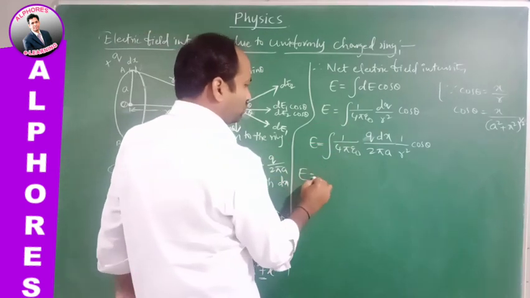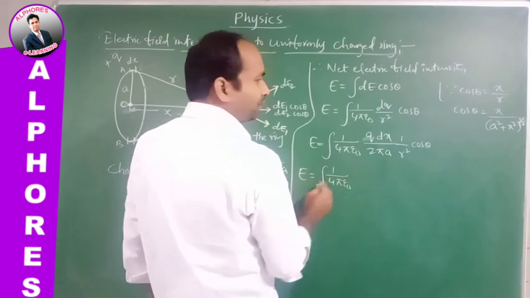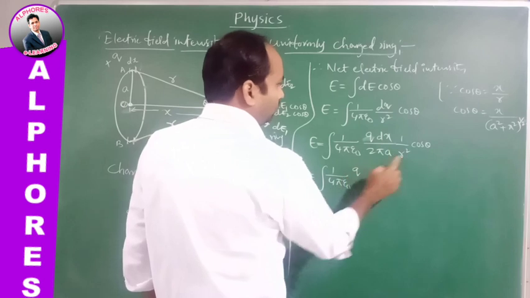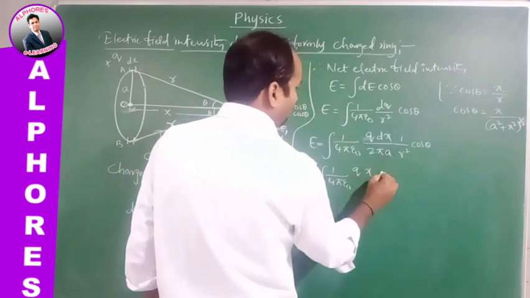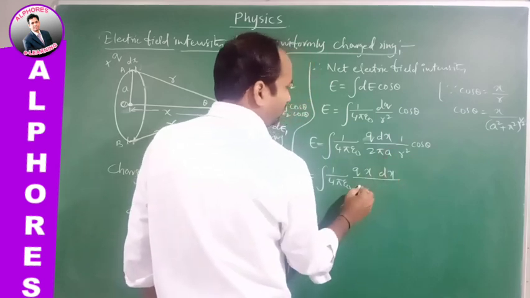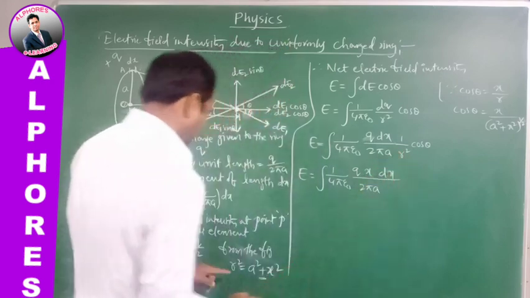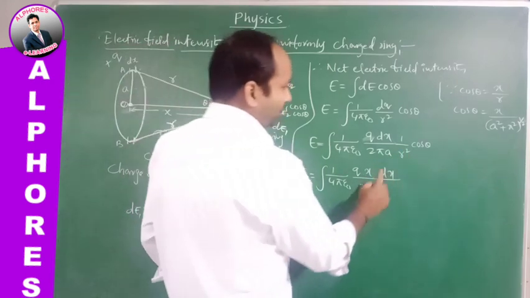So E is equal to integration of 1 by 4 pi epsilon naught, q cos theta value x by r, dx by r square, where dq is q dx by 2 pi a. What is r square? a square plus x square whole power 1.